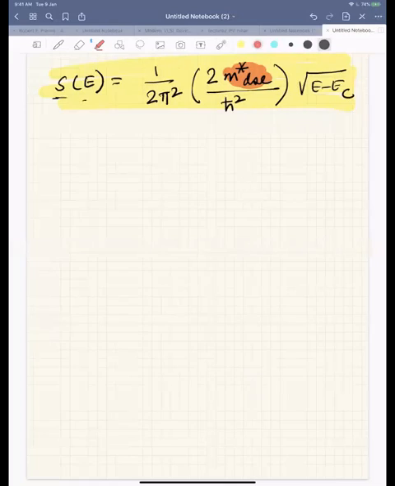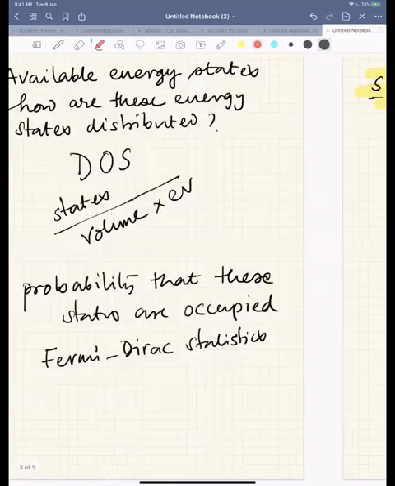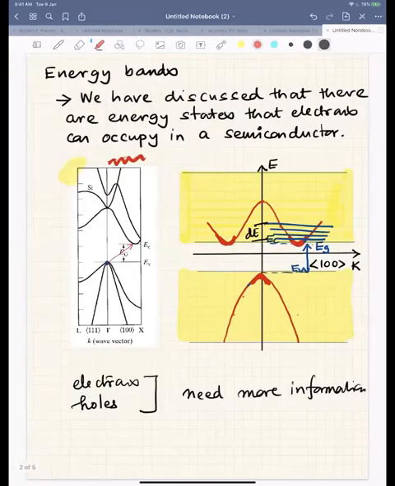Then h is Planck's constant, and E minus EC, because here EC is the bottom of the conduction band. This EC is nothing but the conduction band minima, that energy level we called EC.